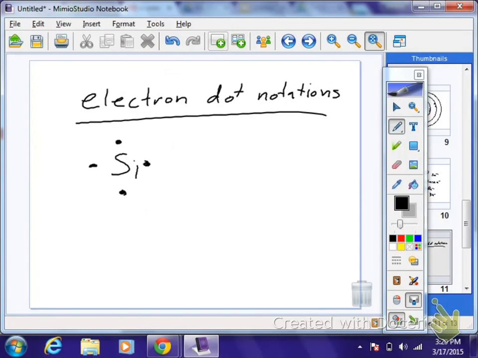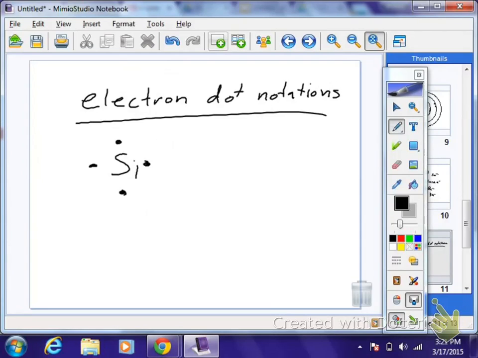This is electron dot notation for silicon. I'm going to show 4 dots around it. Look up here. That's what I'm going to show, instead of all those circles. How many more electrons does silicon need to get 8 in it? 4 more.